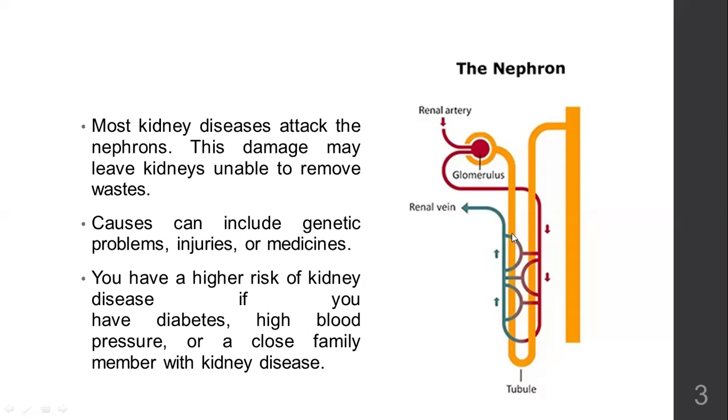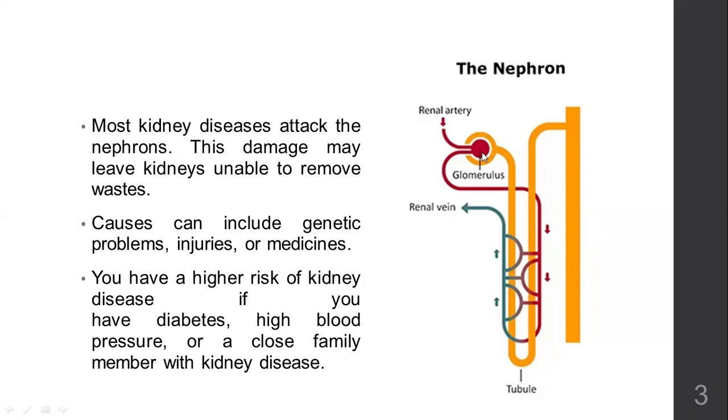It is deoxygenated blood, but it has electrolytes that the body can use, and it is taken up by the renal vein and goes back into the body. This is how the nephrons function.